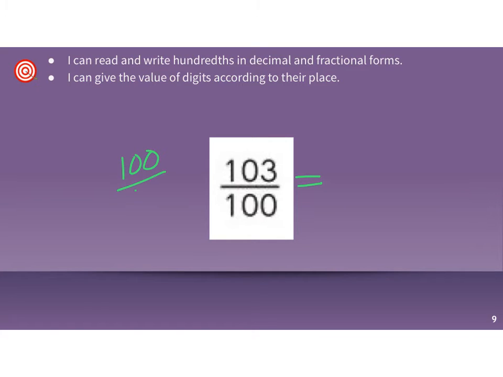Remember that every 100 100ths is one whole. So that would mean I have one whole. And then how many hundredths left? If I take out that 100 hundredths, I have 3 hundredths left. So how would I write that as a decimal?